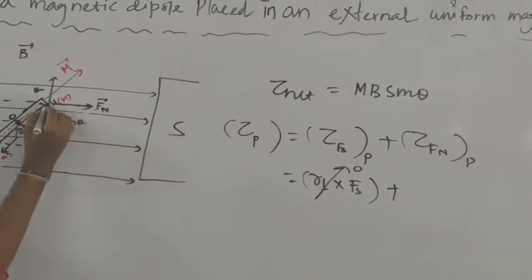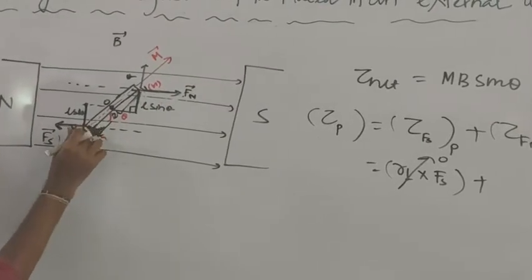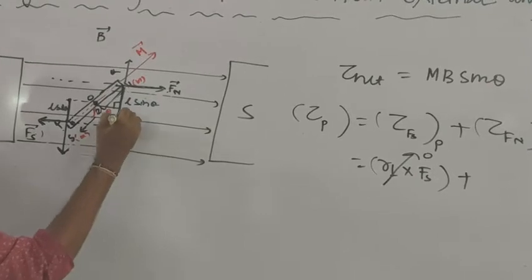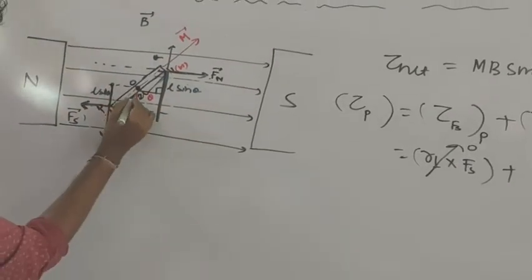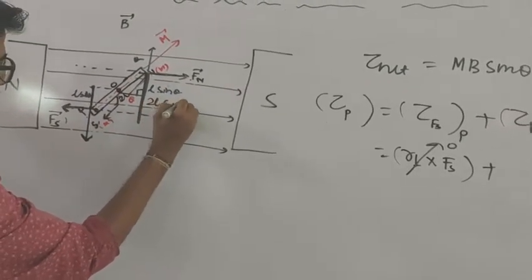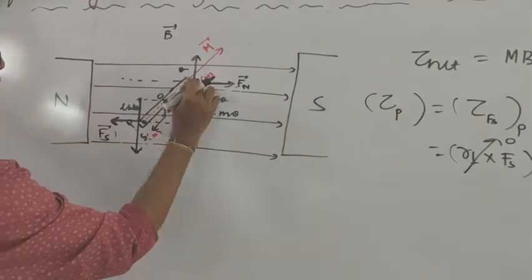Here the force Fn acts at point Q, and we want to calculate the torque due to this force. What is the perpendicular distance? The perpendicular distance will be this much. As this length is 2L and this angle is theta, this length becomes 2L sin theta. This is the perpendicular distance, and here is the force.